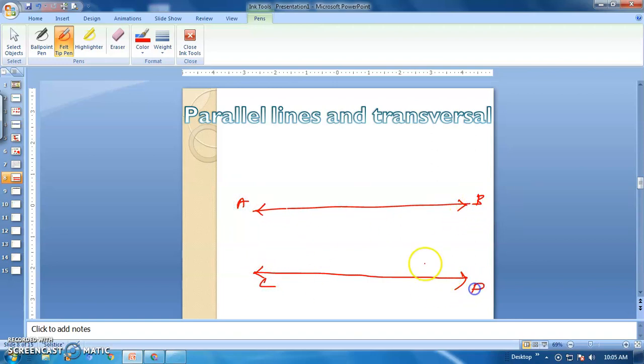These two are parallel lines, for example. And let us draw one transversal. A transversal means a line which passes through the two lines, whether they are parallel or not. Let us take this one as PQ. So PQ is a transversal. Now AB is parallel to CD, and PQ is the transversal.